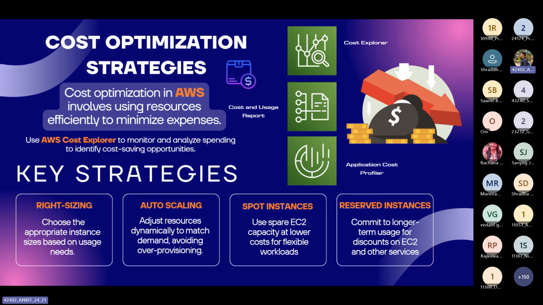And use tools like AWS Cost Explorer to monitor and adjust your spending. It's really effective cost optimization, and it can make a big difference whether you're a startup or a large enterprise.